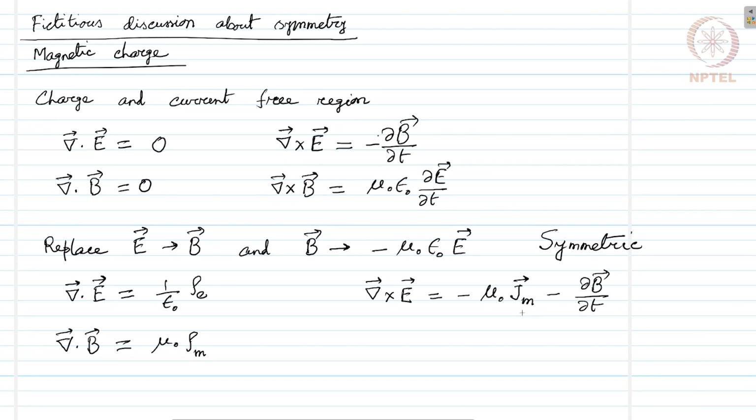J m is the current density due to the flow of the magnetic charge, and curl of the magnetic field is, as we know, mu naught J e. J e is the current density due to the flow of electric charge, plus mu naught epsilon naught del E del t. If the Maxwell's equations would have been like this, it would have been perfectly symmetric.